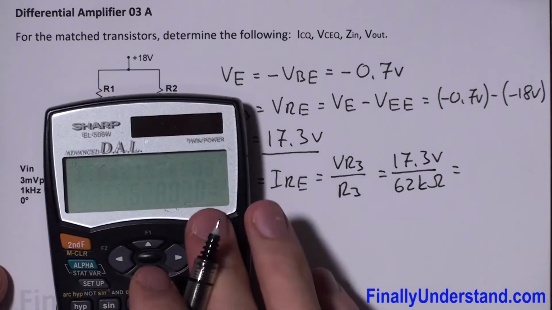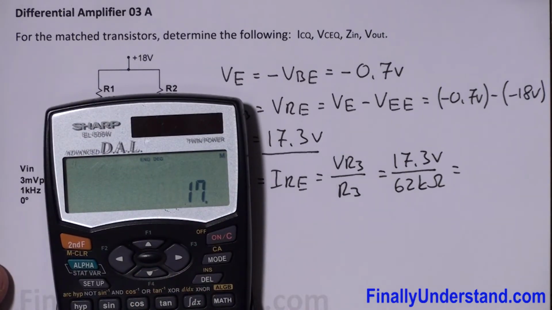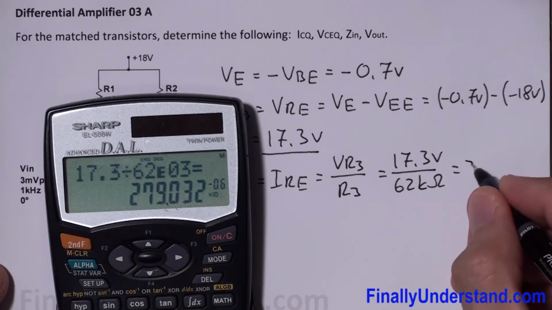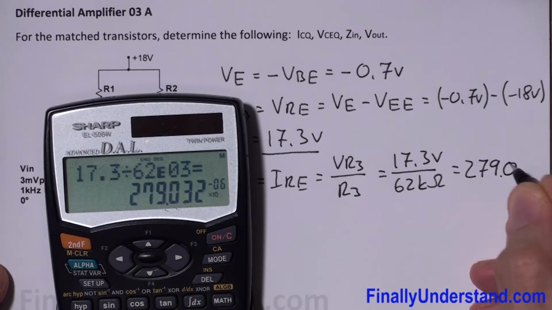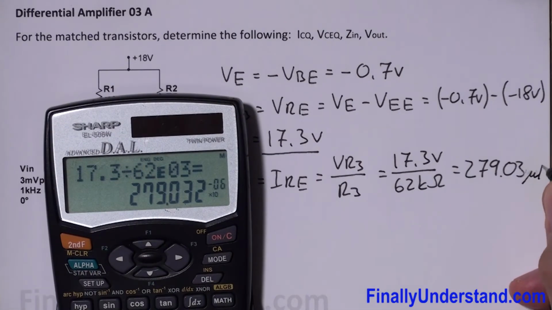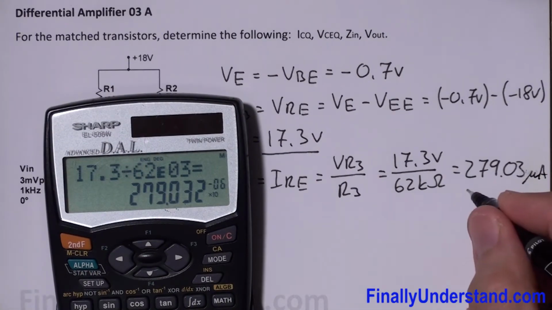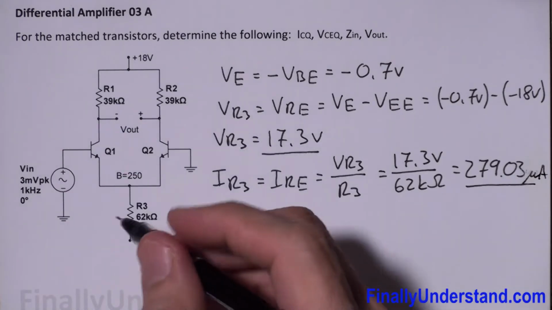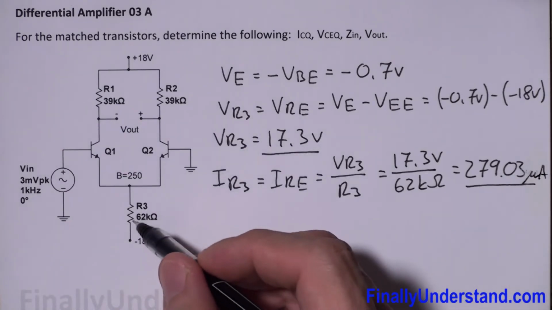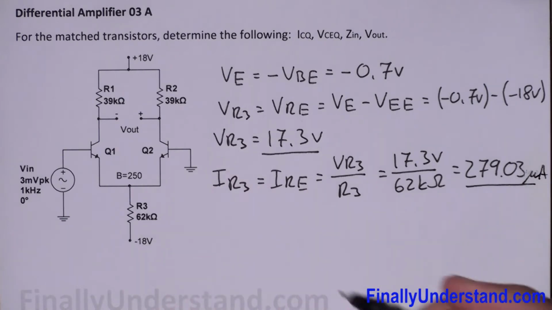Okay, we are going to use the calculator. We have 17.3 divided by 62 exponent 3. This is equal to 279.03 microamps. Okay, so this is my tail current. Tail current is the current which goes through this resistor.